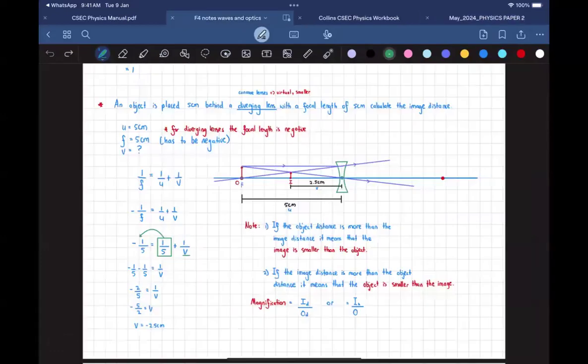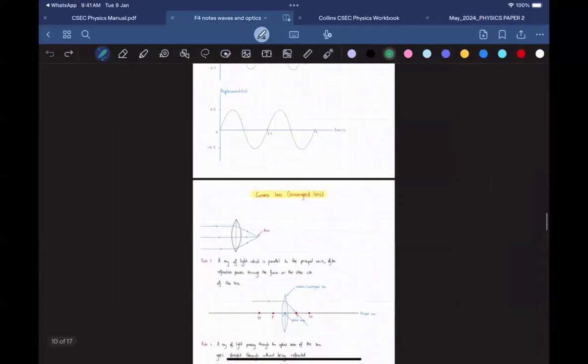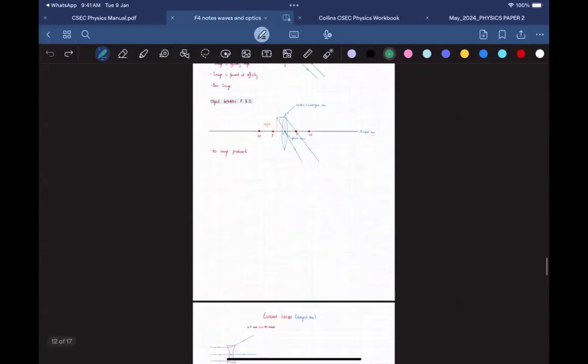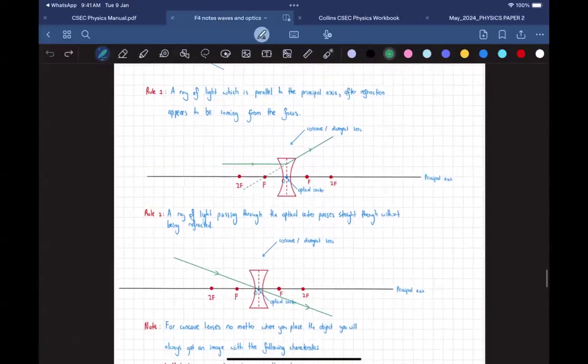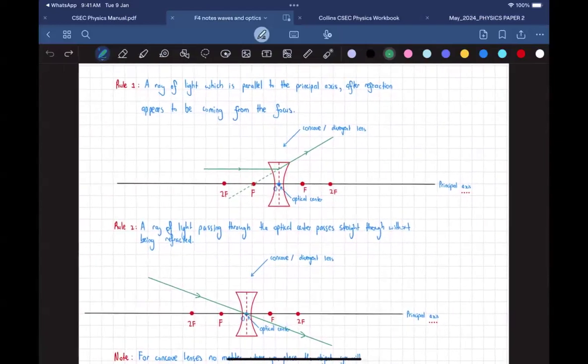So those were the two rules you had to know. Yeah, I get it.